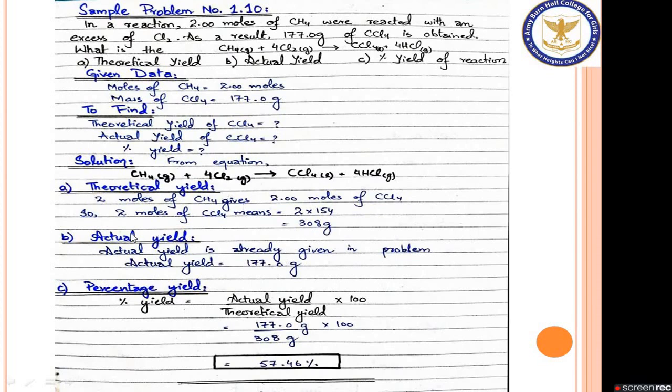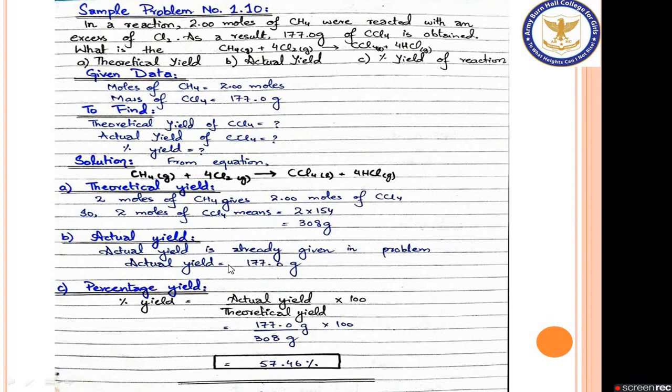Now the actual yield. As I read the statement of this problem, as a result 177 grams of carbon tetrachloride is obtained. In the statement of this problem, they didn't mention that this is the actual yield, but this is the amount of carbon tetrachloride which we are getting from the experiment. So this means that this 177 grams is the actual yield of this reaction.